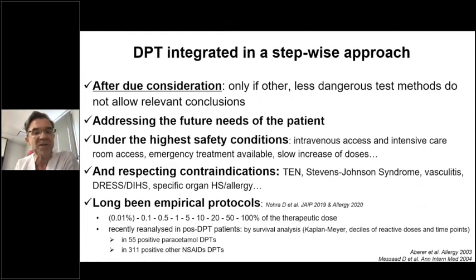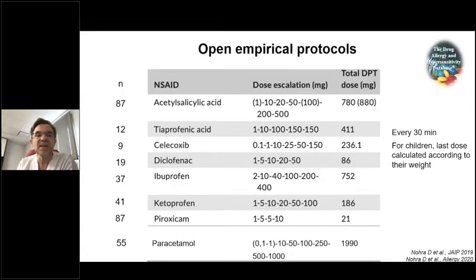Paracetamol is actually a non-steroidal anti-inflammatory drug, and also in more than 300 NSAID positive protocol patients. And these are the empirical dose protocols that we've been using for the past 25 years.